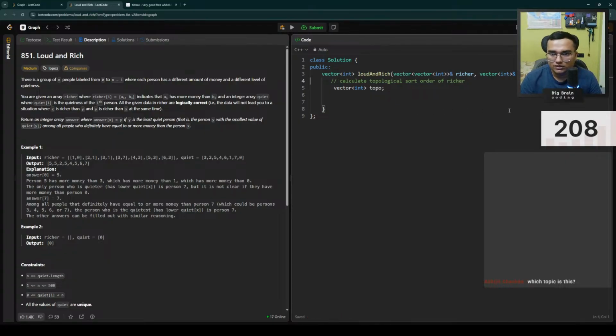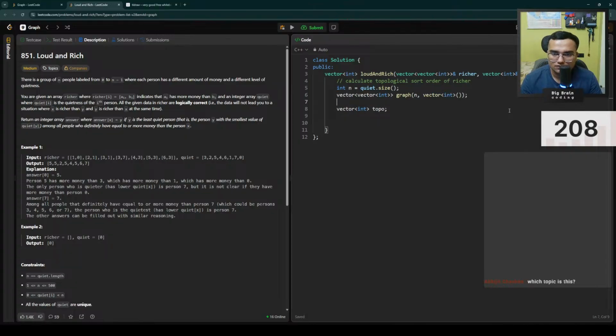Okay, so we need a graph before that. Quiet dot size, correct? Which topic is this? This is graph, brother. This is graphs. This is my graph of size n.